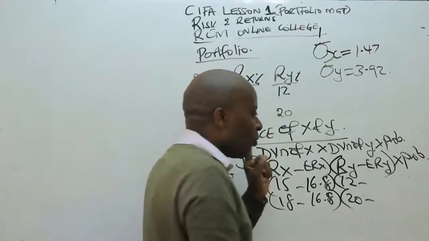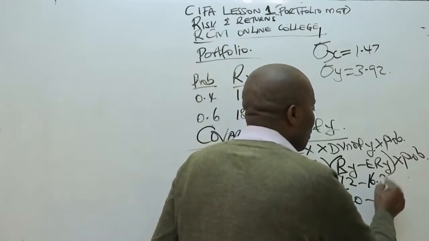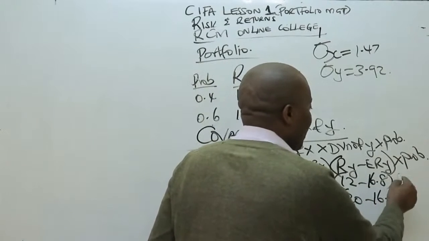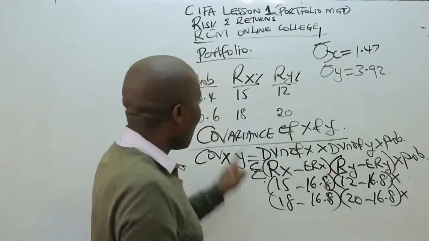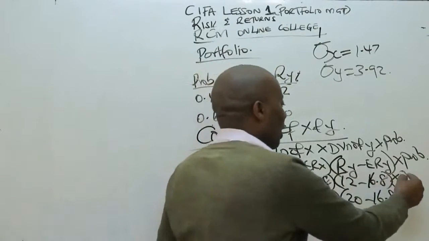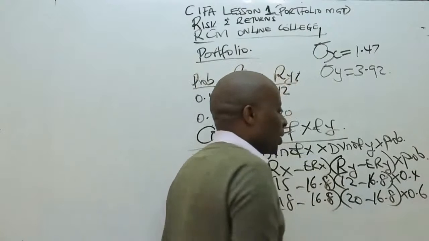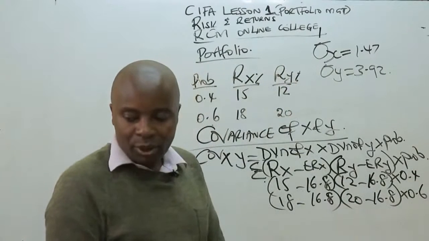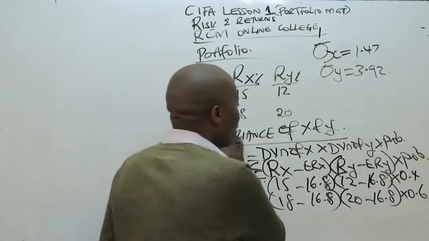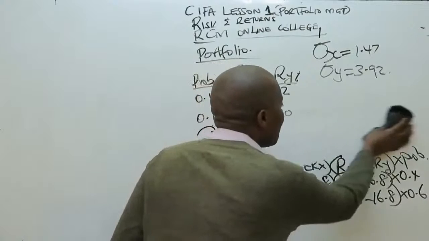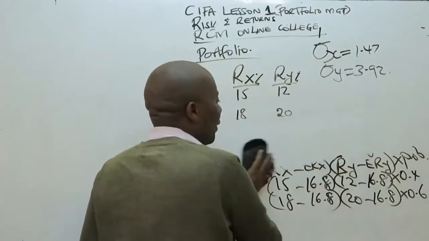The expected return of Y was 16.8 as well. Times the probabilities that we have here, which are 0.4 and 0.6. Ladies and gentlemen, with this, now I should be able to get the covariance very easily.